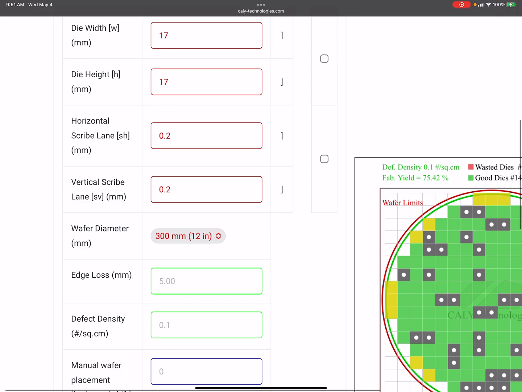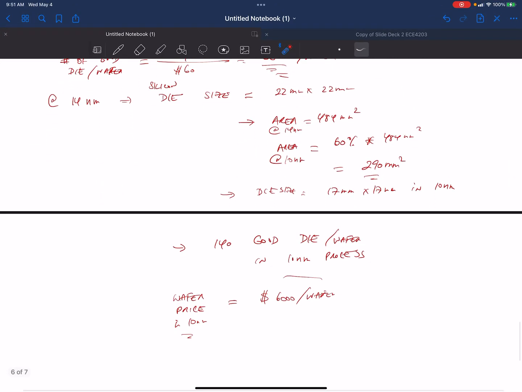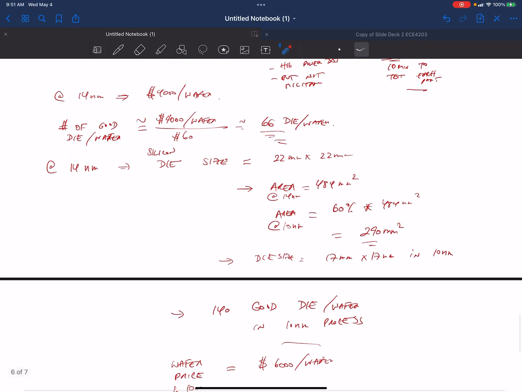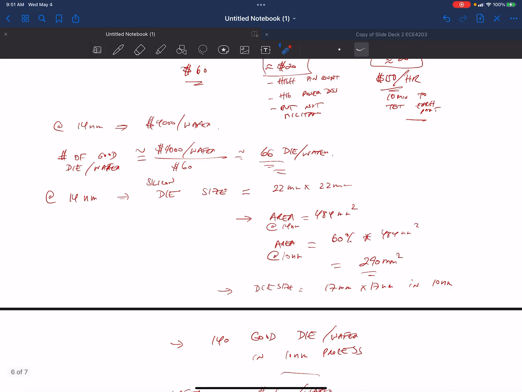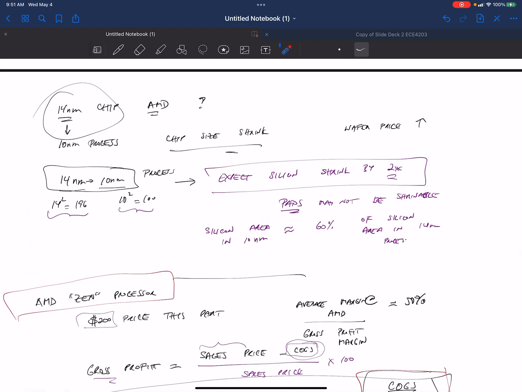As the die size shrinks, your yield will actually go up, so you'll do somewhat better. So notice that we only assumed the new die size wasn't even 50% of the old one.